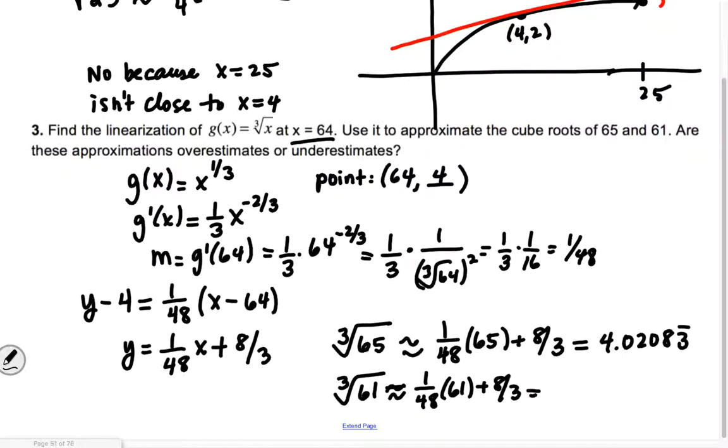And then for this one, 61 over 48 plus 8/3, so 3.9375. Are these numbers close to what you expected? Yeah. So if you're getting something like the cube root of 65 is 210, you probably did something wrong, right? So you want to think about that.